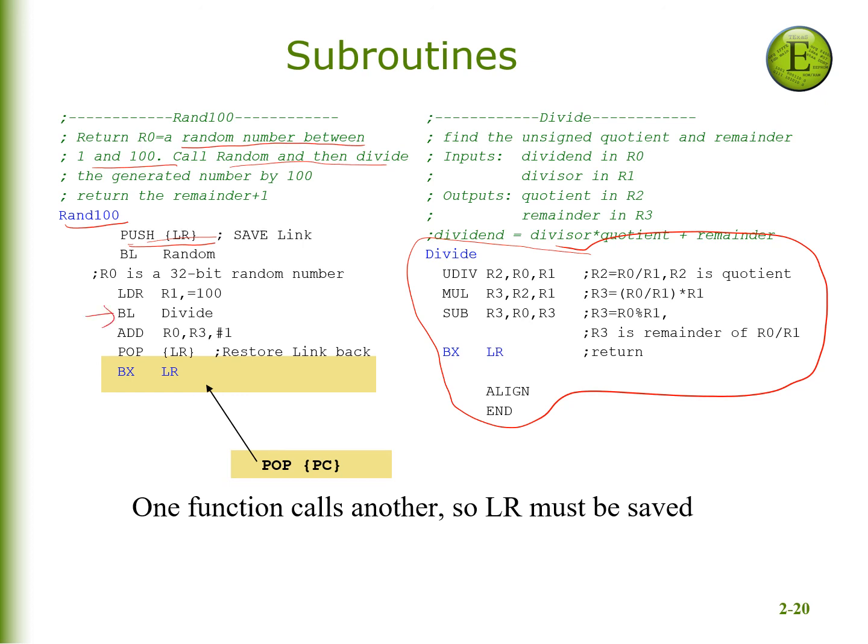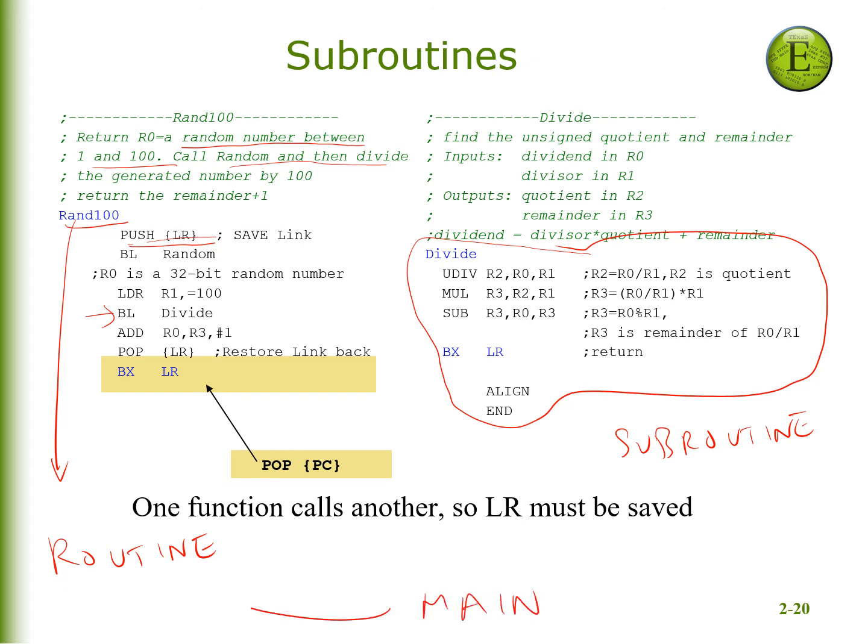So you can call this divide a subroutine, and you can call this rand just a routine. And there is a main part of the program that calls the routine, and the routine calls the subroutine. But then we have to figure out a way, once the subroutine is executed, to go back to the routine and then find a way back to the main.